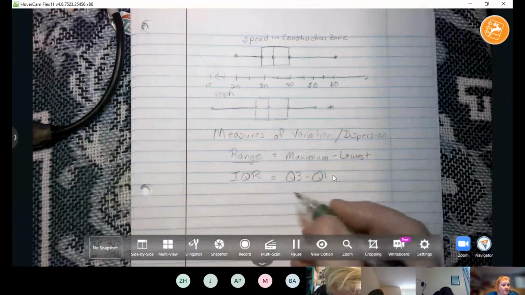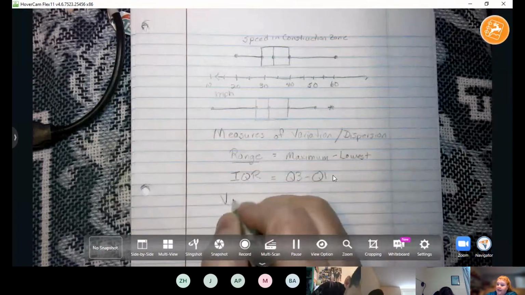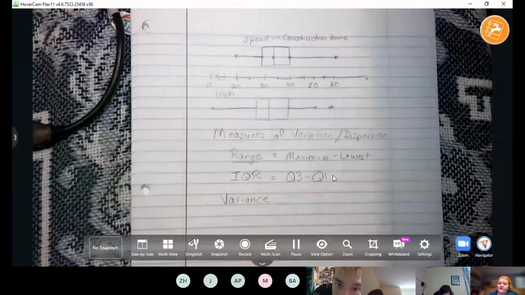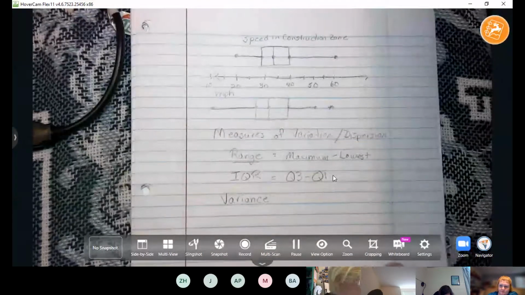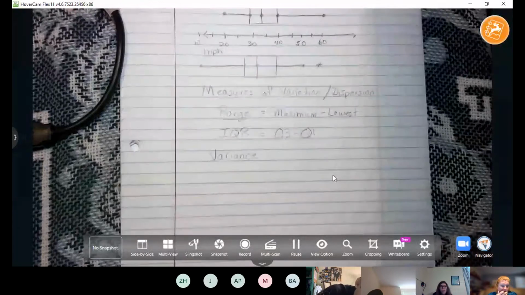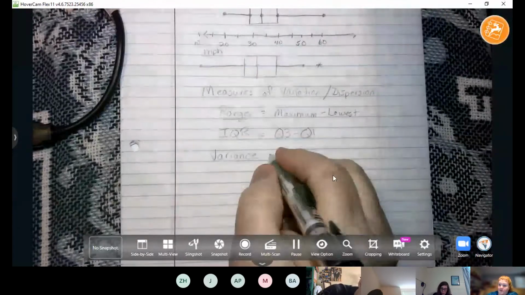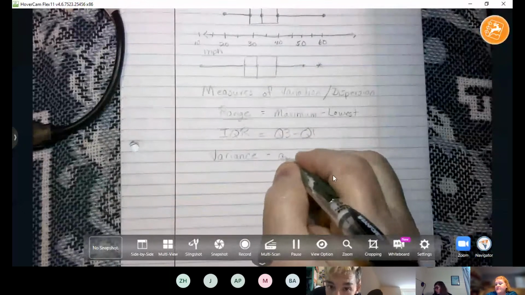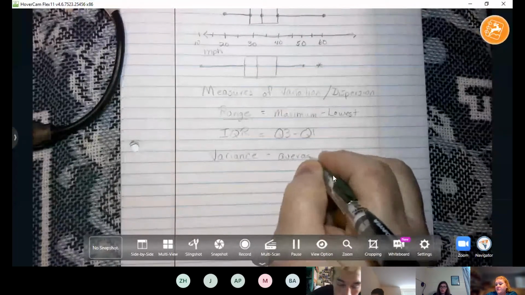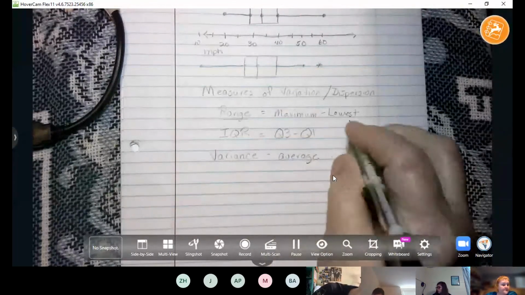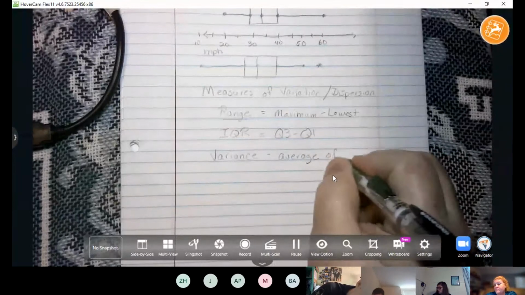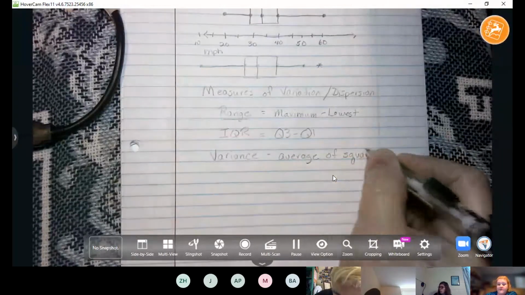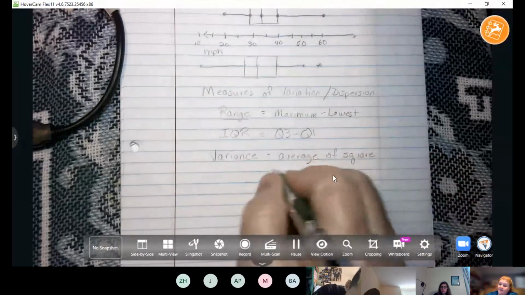More importantly, we're going to look at calculating a measurement that is called variance. Variance is the average of the squared distance from the mean.